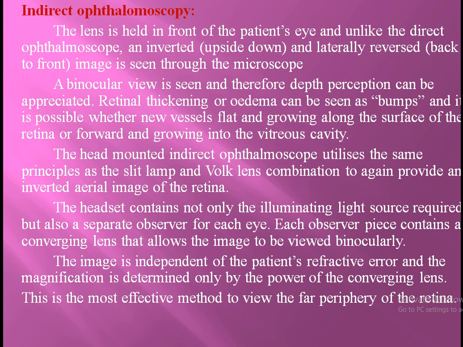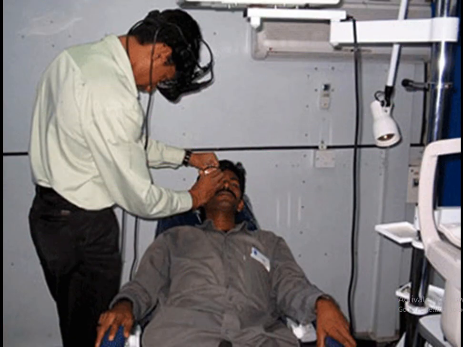I again show you this one. This is the picture. So when the ophthalmologist visualizes the retina in this manner, which is indirect ophthalmoscopy, the image which is formed is very much larger but inverted.